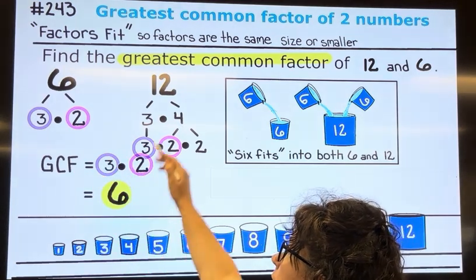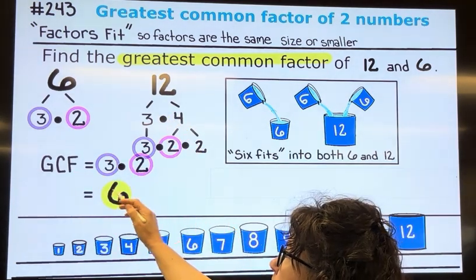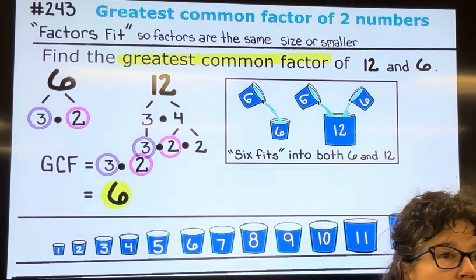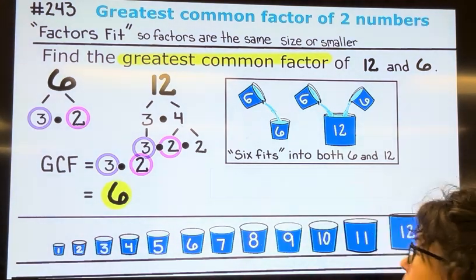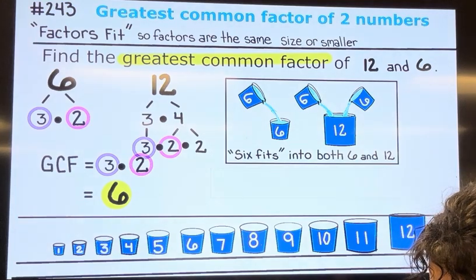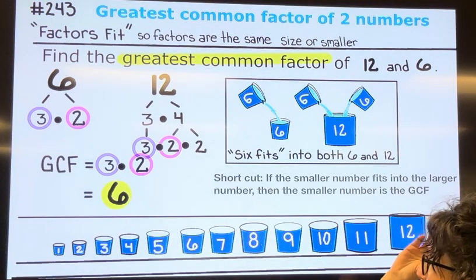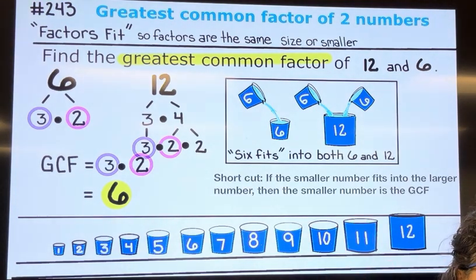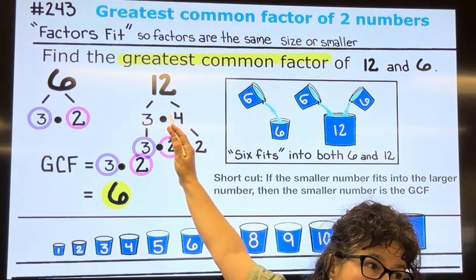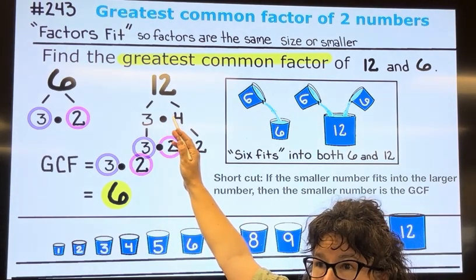And one of the numbers that fits into 12 is 6, but this is the biggest number that fits into both. So there's a shortcut here that sometimes happens. The first thing I do is look to see, does the small number fit into the big number? 6 fits into 12.